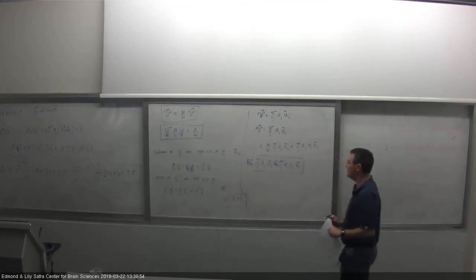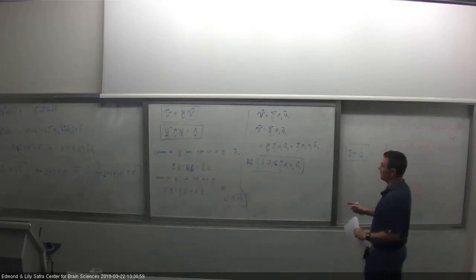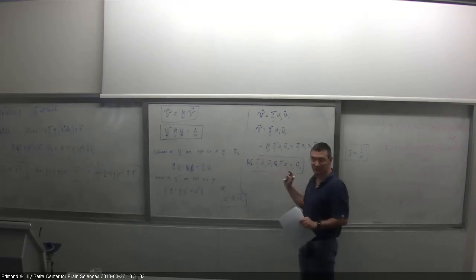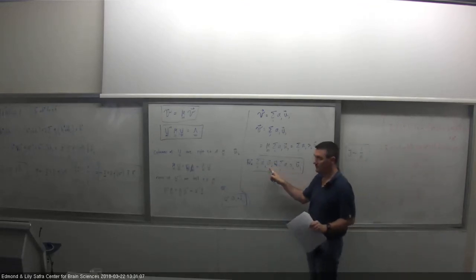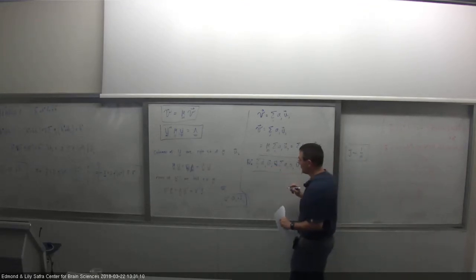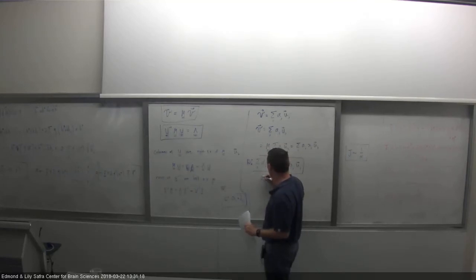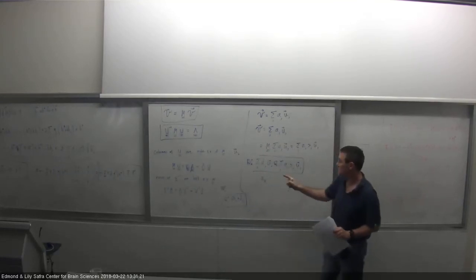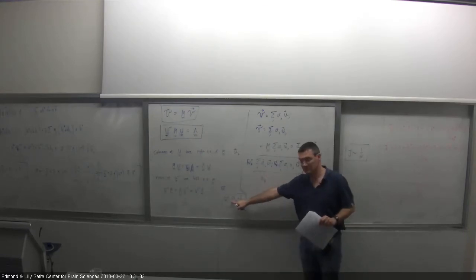This would be equal to delta Kj. So, considering this sum, the only element that will contribute anything would be the kth element. So the left-hand side of the equation becomes what? AK dot. Because from this sum, the only element that contributes is the kth element. All other elements don't contribute anything because of this identity.